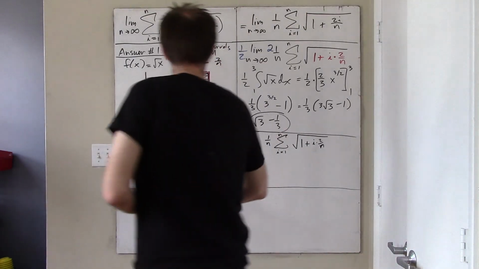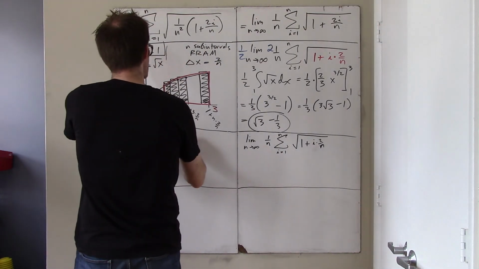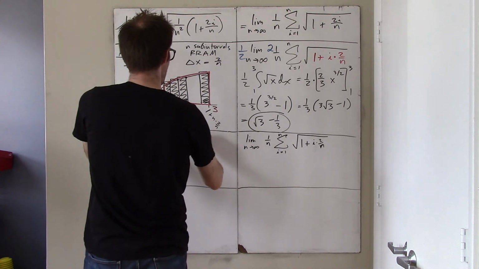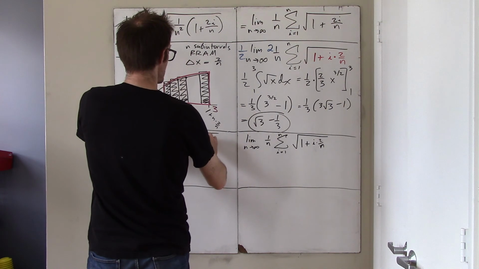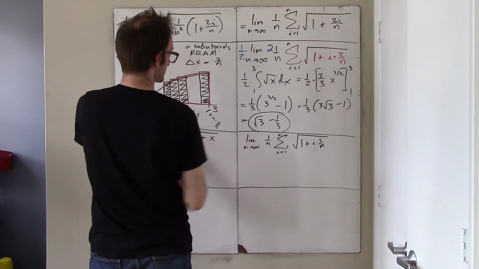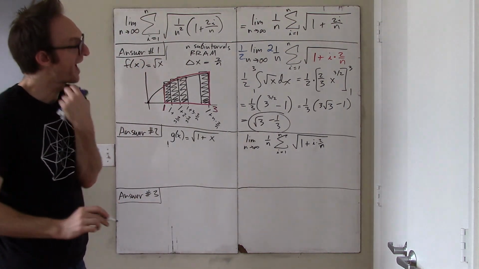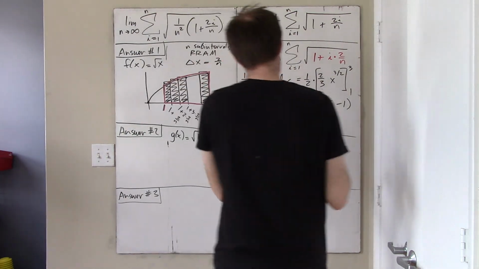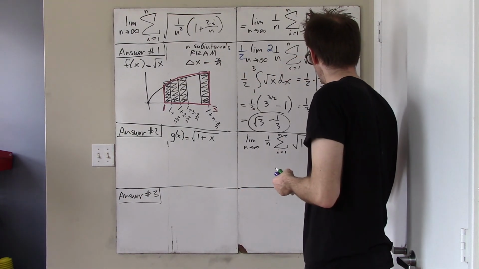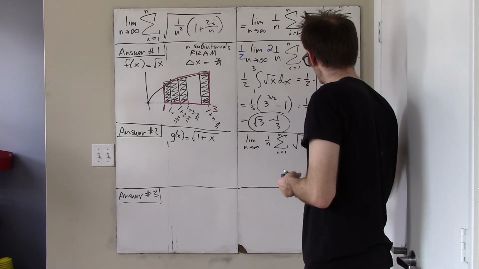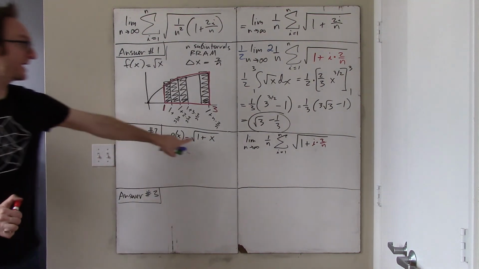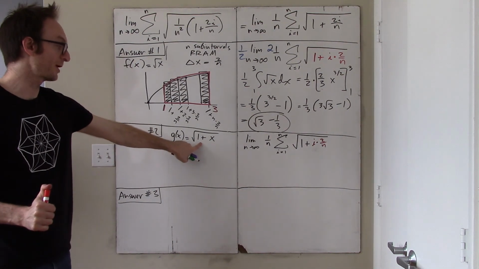What I'm talking about is that the other option is that when you looked at this Riemann sum, you thought of g as root 1 plus x, and therefore the input to the function was i times 2 over n. Okay, it is perfectly legitimate of you to think of this function as the function root 1 plus x.